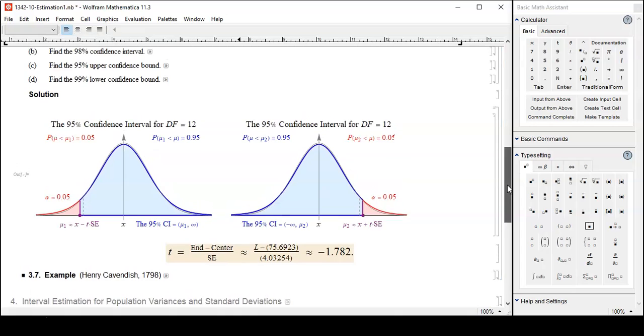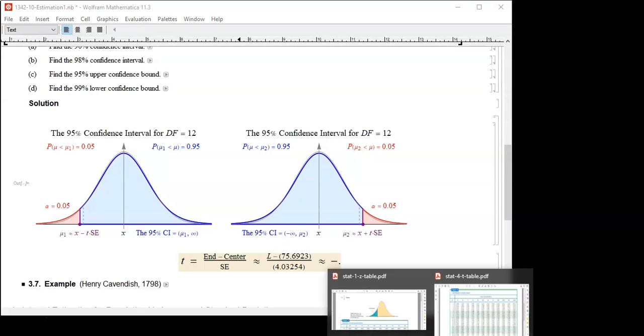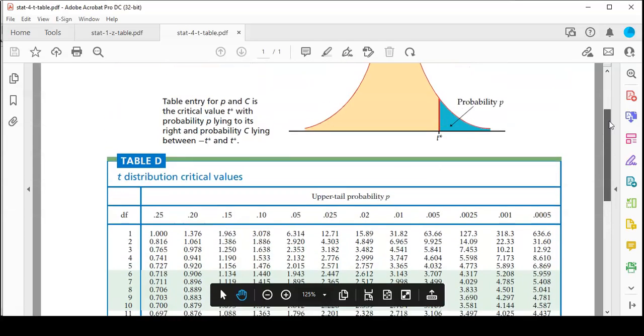But excuse me, I just realized I made a mistake. The problem is a 99% lower confidence bound. 95% is for an upper confidence bound, so this is incorrect. Sorry about that. I should have done a 99% lower confidence bound. So this is wrong. Let's go back to that t-table. All right, 99% confidence level.